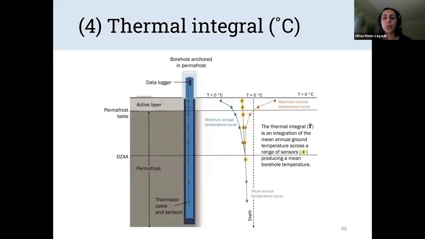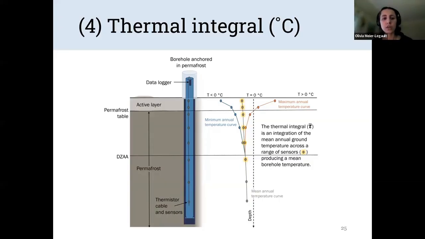The reason that this might be favorable to looking at ground temperature at one depth is that it's less susceptible to undetectable trends when the boreholes are near isothermal, so when ice is being lost in the ground. And it also makes boreholes more comparable if you choose to compare the same depth ranges.